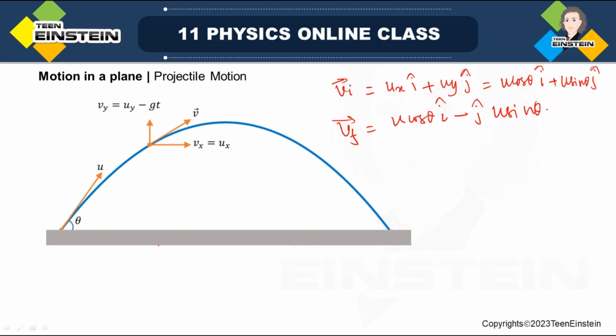Now what is the change in the velocity? Total change in the velocity will be delta u.